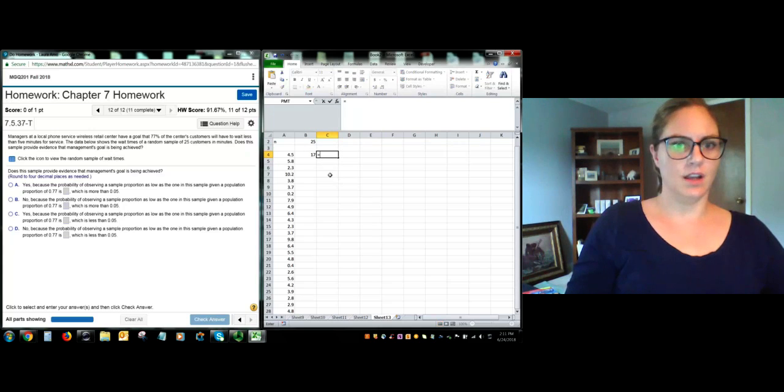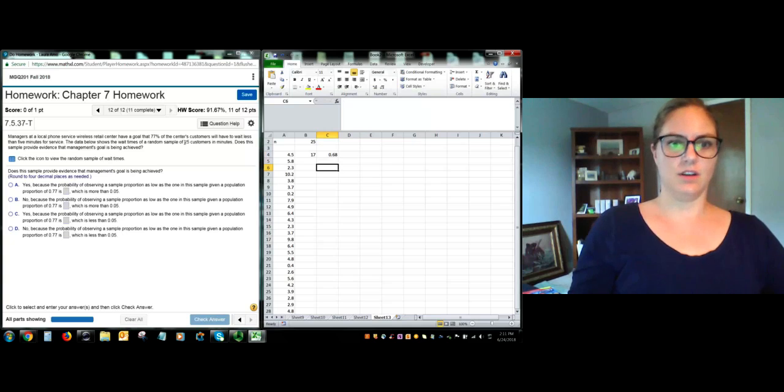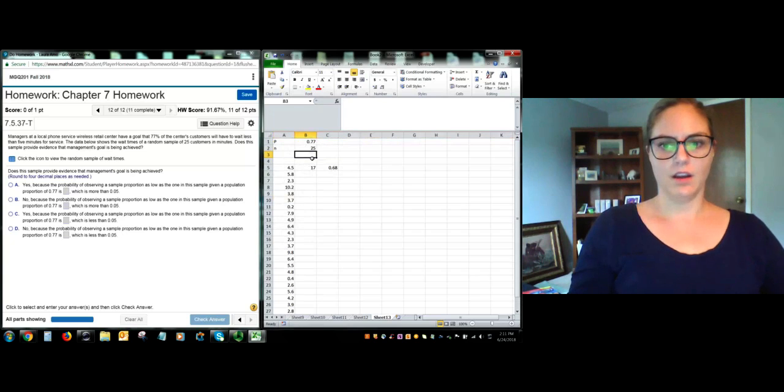So what is that proportion? Equals 17 out of 25. We're going to determine if this adheres to their goal of 0.77. Okay, so we actually have to put this into a Z formula and figure that out. The first thing we're going to do here, this isn't a finite population, so we don't have to necessarily worry about that.